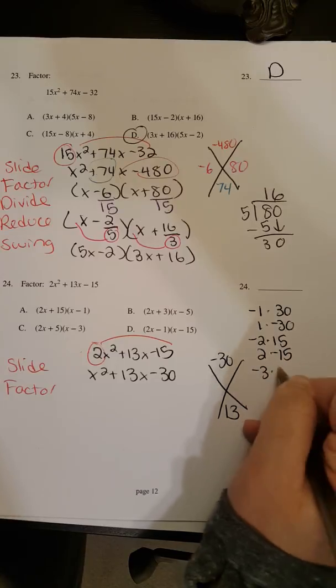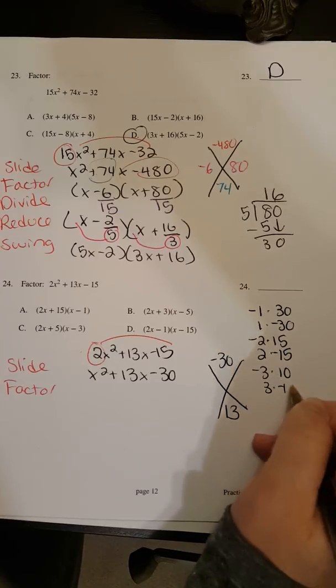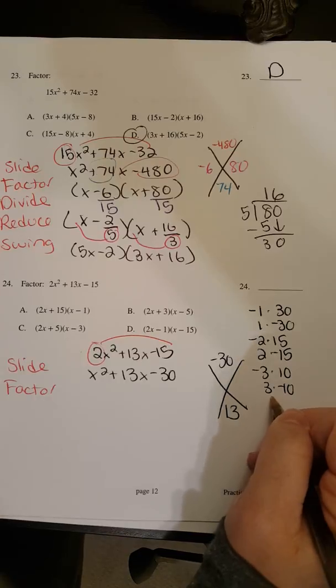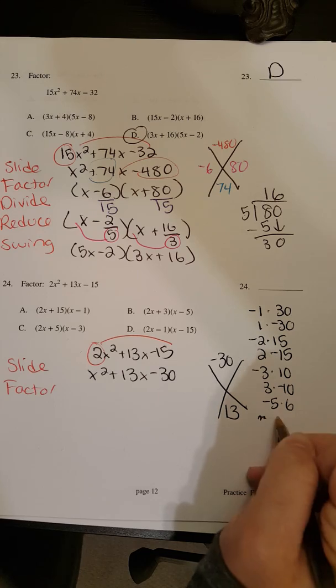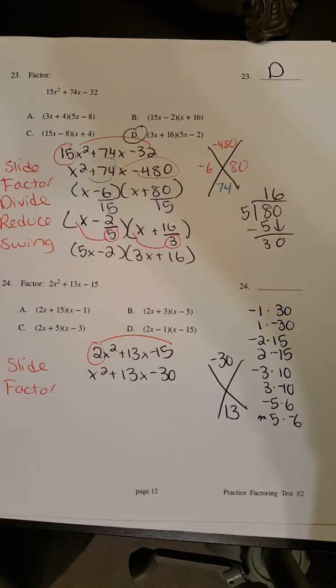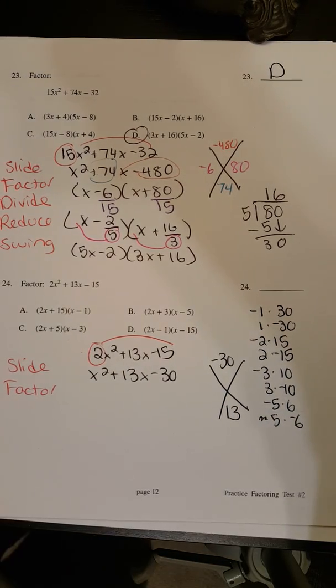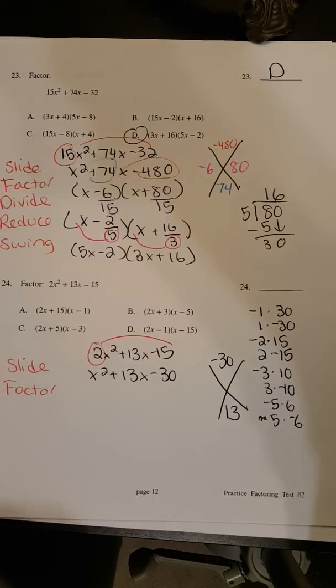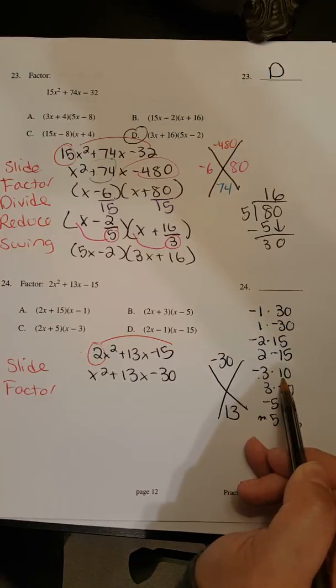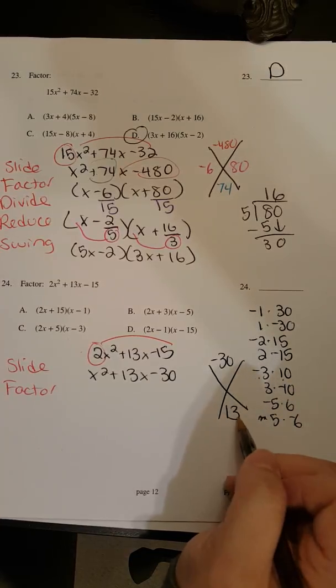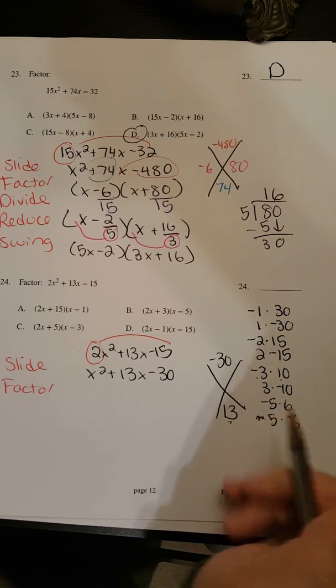I could have negative 3 and 10, 3 and negative 10. 4 doesn't go in, 5 does though, 5 and negative 6. So be careful, naturally 3 and 10 make 13, but they have to add to give you positive 13. Negative 3 plus 10 gives you 7, not the 13. And since the number they're adding up to is positive, your bigger number has to be positive.